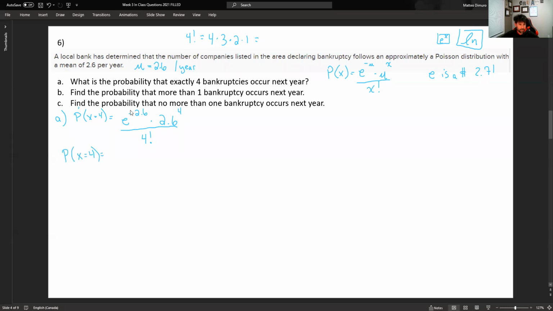So I went ahead and figured out the numerator. So maybe I'd say take a moment, plug this in on your calculator. Make sure you use that button E. Like when I type in that negative 2.6, and the negative is important. Just for this number here, I get 0.07427. Okay, that's just for this.